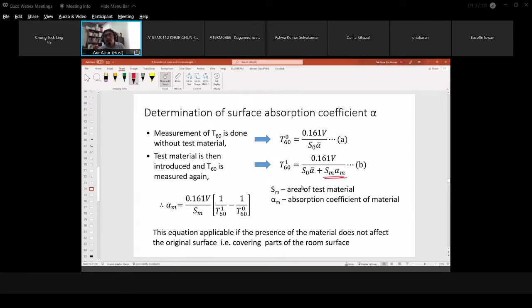So the way to ensure that it will not affect the surface area of the chamber is to hang the material, for example using a cable or rope. Okay, that can be done.